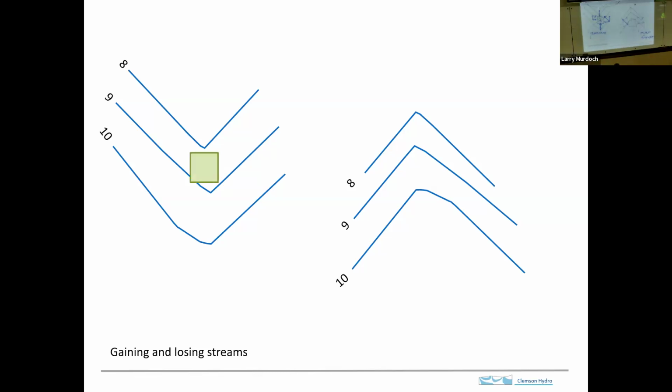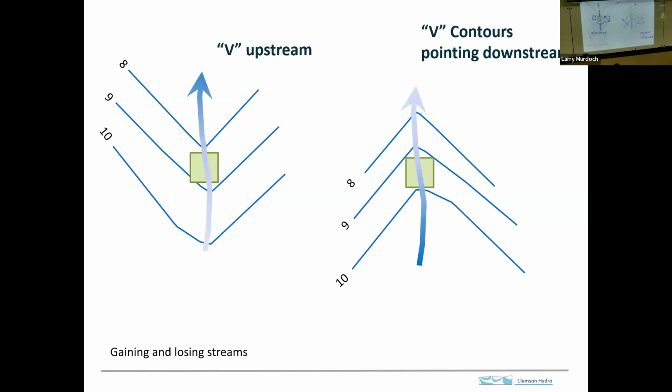So we can identify streams that are, well, then what we could say is in this stream, if we see the groundwater pattern looking like that, in this stream, the flow is expected to increase as we go in the flow direction in that stream because of the contributions from the groundwater.